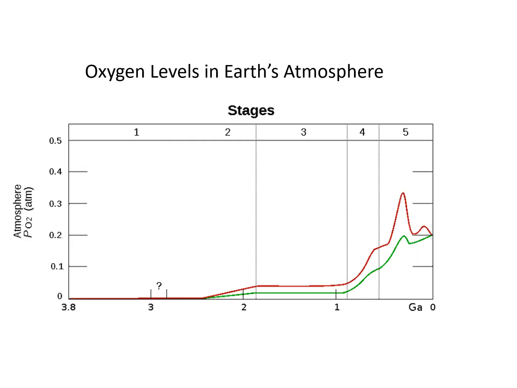This graph shows how oxygen levels in Earth's atmosphere have changed over time. Oxygen was nearly absent until about 2.4 billion years ago, when photosynthetic bacteria began producing it, triggering the Great Oxygenation Event. Levels rose gradually, with major increases during the rise of complex life.